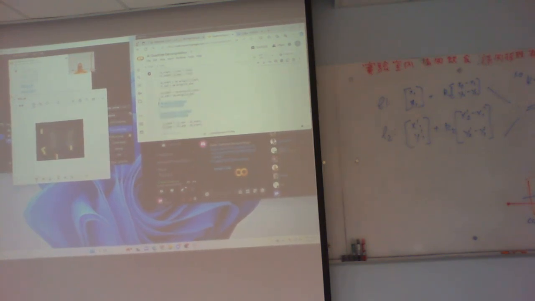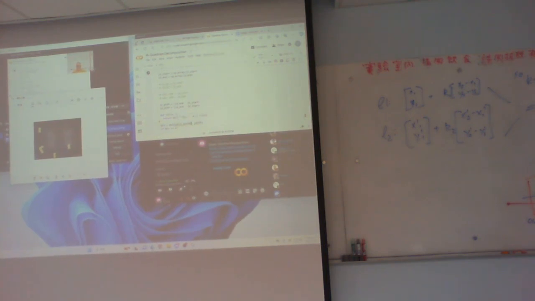So I can do this. Now I have the diff, and then I can calculate the determinant of L1 diff and L2 diff.